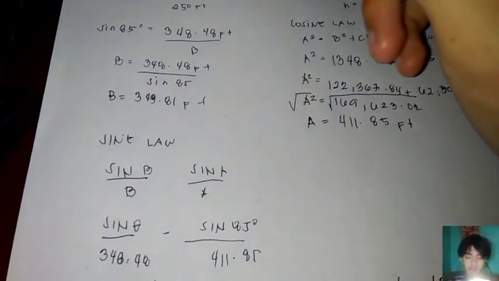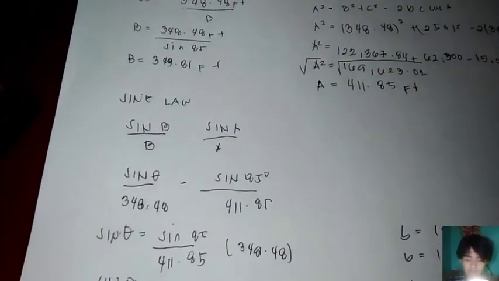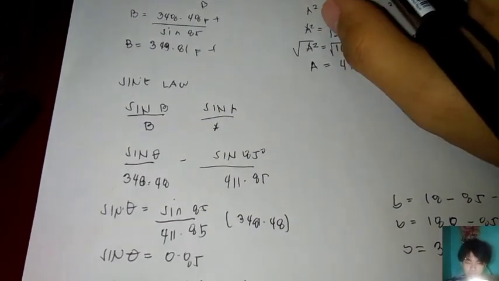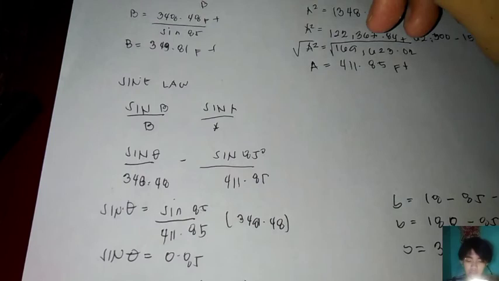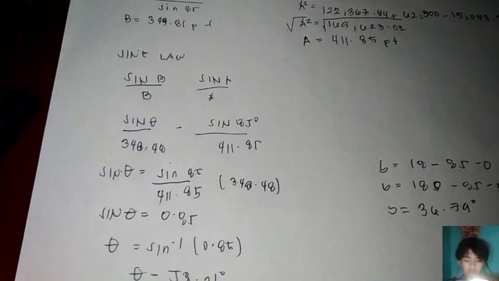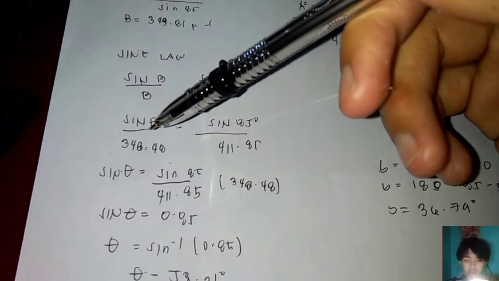Let's move on to sin law. Sin b over b equals sin a over a. The sin theta over 348.48 equals sin 85 degrees over 411.85. Sin theta equals sin 85 over 411.85. Let's transpose the b.